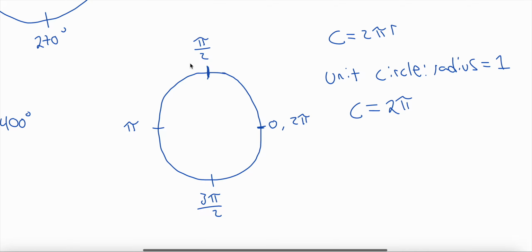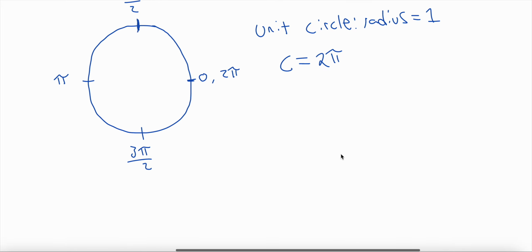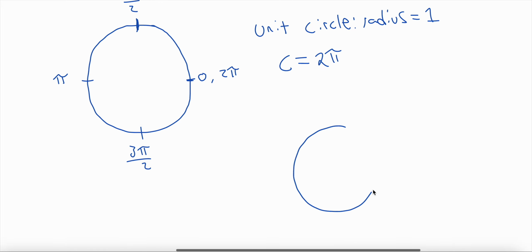But if we have a circle with a larger radius, right? Let's imagine we have a circle down here, and let's just draw kind of an angle here. Let's say the radius of this circle is 5, and let's say that this angle formed here is pi over 4 radians.